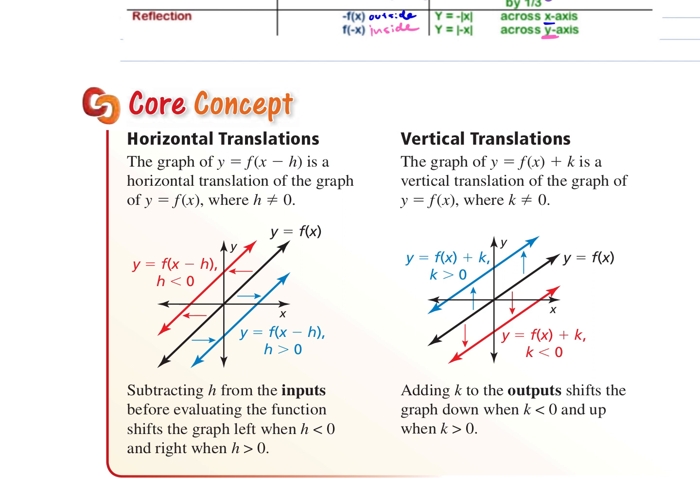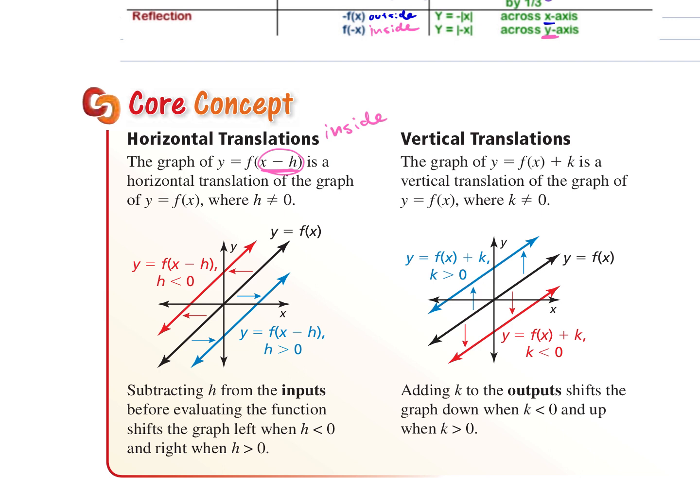So for horizontal translations, that is when we add or subtract inside the parentheses. So this is inside. So it's kind of a reiteration of what I just said. So we are subtracting from the input. We do that directly to the x. So if it says we have a horizontal translation, it probably wouldn't use the word horizontal translation. It would either tell you right or left, because that's horizontal. We apply that directly to the x.